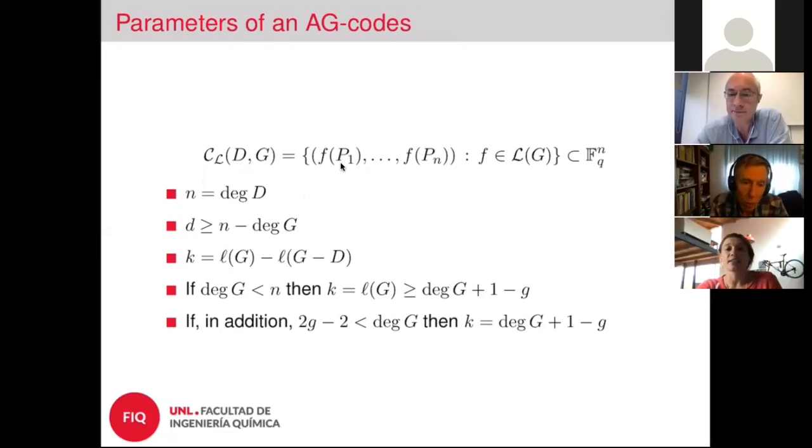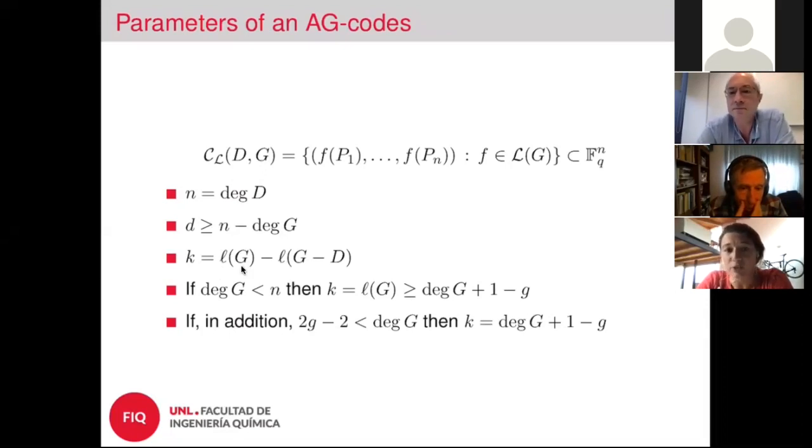And since the number of poles and zeros of a function is the same, in the worst case a word can have at most degree of G zeros, so it has to have at least n minus degree of G non-zero coordinates.